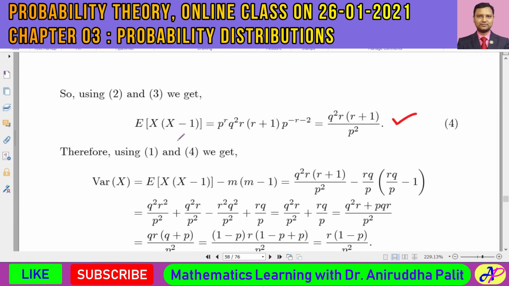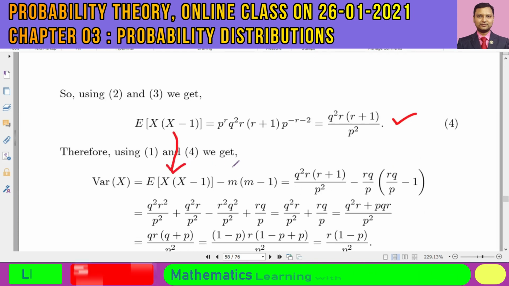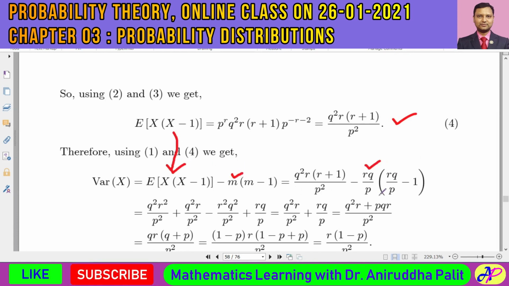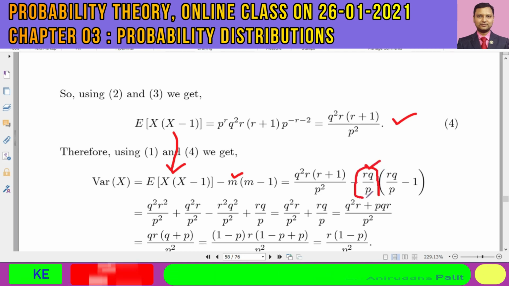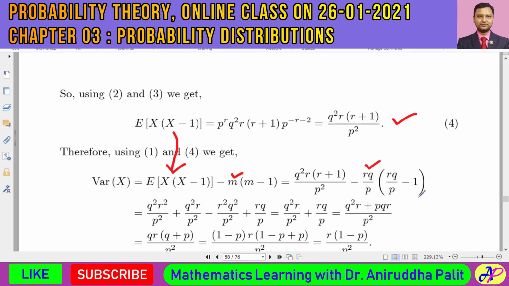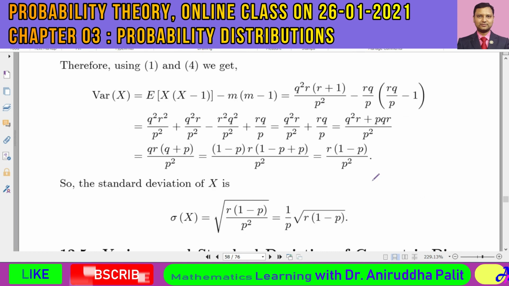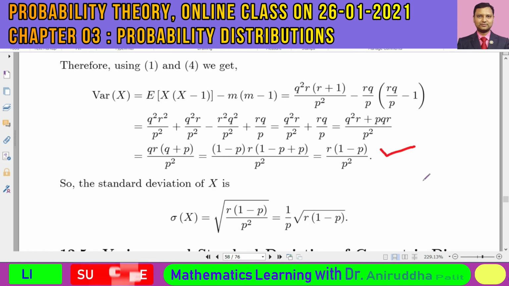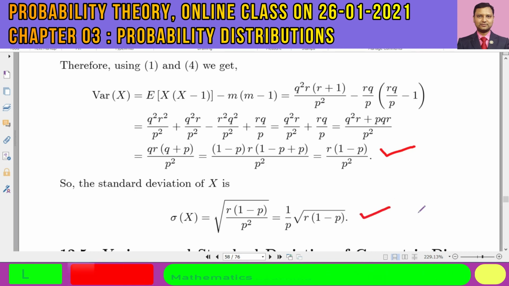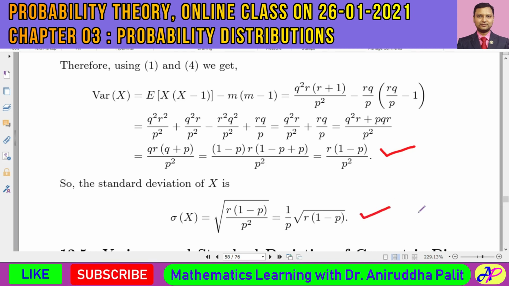And if you put this expression in this working formula, we all know that m is equal to rq by p. So over here we can put the expression of m, and after computation we get the variance of the Pascal distribution, and therefore from that we can compute the standard deviation of that Pascal distribution.